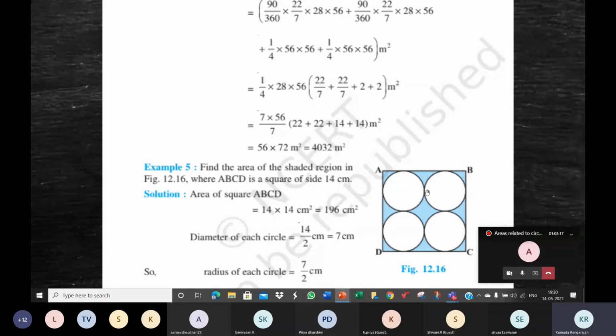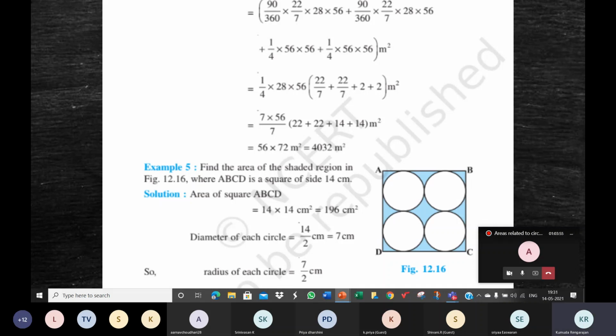So this diameter plus this diameter is equal to 14 because the side is 14. So this diameter alone should be 7. 7 here and 7 here. So the diameter here is 7, which means the radius is 7 by 2. In circles, if at all you go wrong, it's mostly because we don't take the value of the radius correctly.